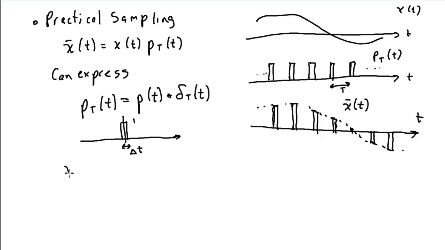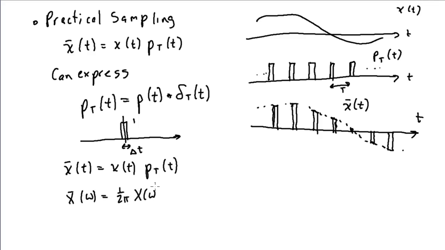So again, starting with this expression for x-bar(t), it's now x(t) multiplied by our pulse train, and so in the frequency domain we'll have 1 over 2 pi X(omega) convolved with the Fourier transform of our pulse train.